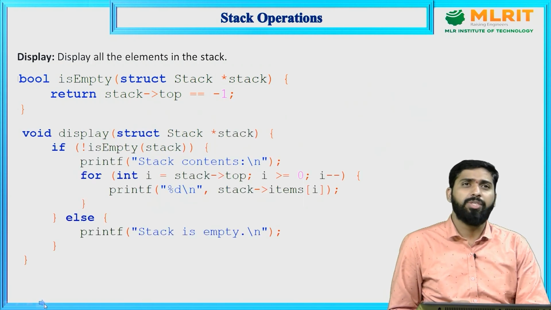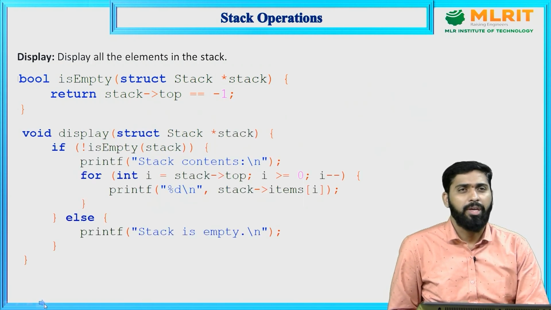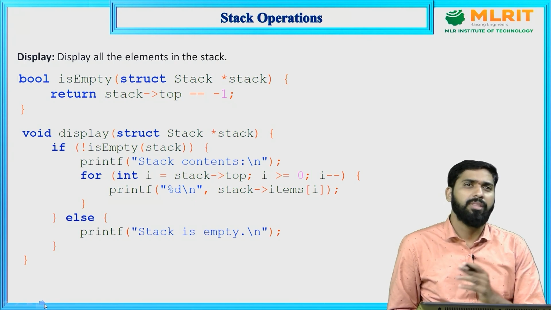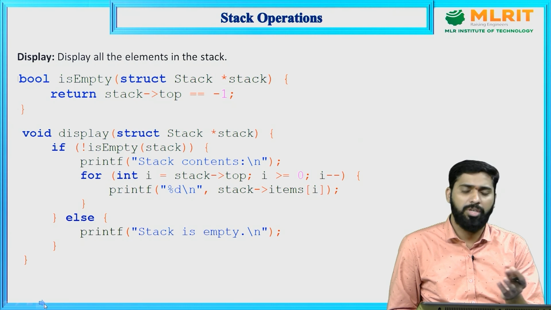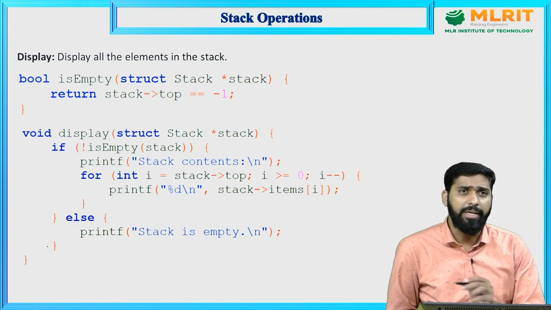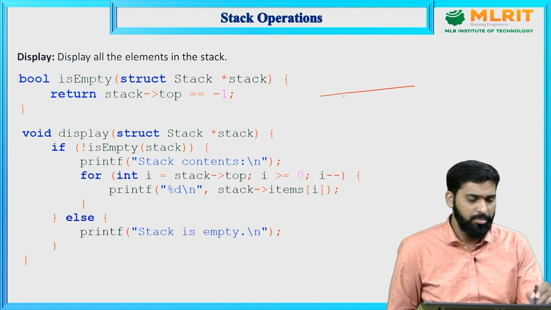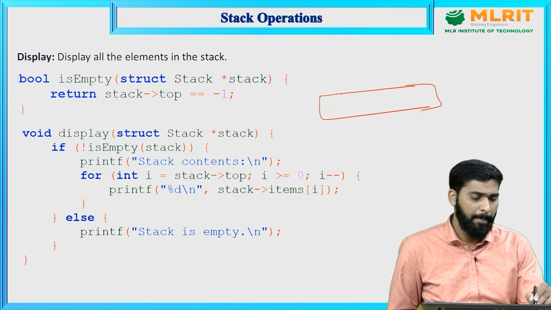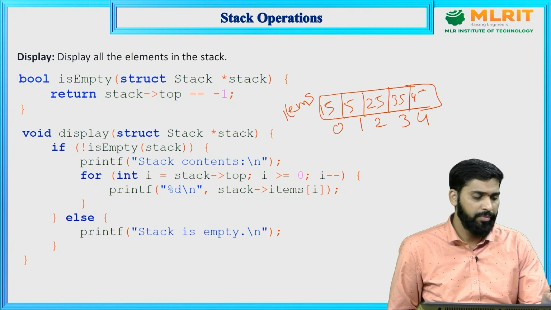The next function is display. If I want to display the elements, there must be some elements in the stack. If there are no elements, how can we identify that? Again, the is empty function, in which we write top equals -1. In display, let us assume these are the items, the array name is items and these are the indexes, with values 15, 5, 25, 35, 45.